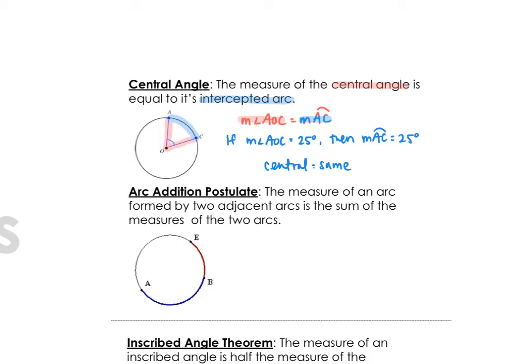The arc addition postulate states that the measure of an arc formed by two adjacent arcs is the sum of the measures of the two arcs.